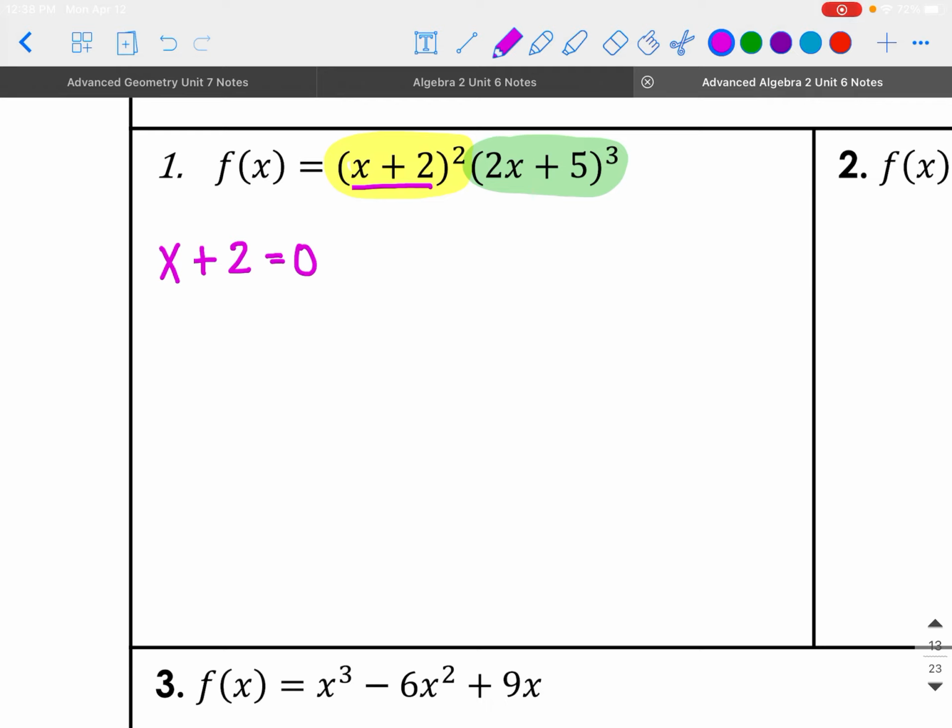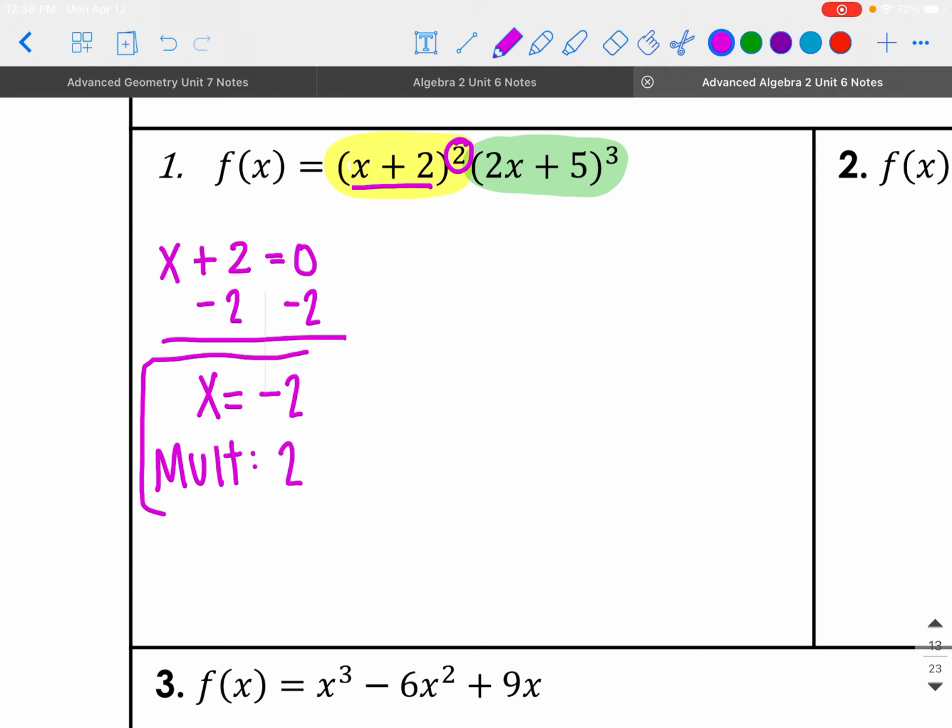That should seem familiar to you because we did it in the quadratics unit. And so we subtract 2 from both sides to get x equals -2. And then for the multiplicity, I look at the exponent. It's an exponent of 2, so the multiplicity is 2.